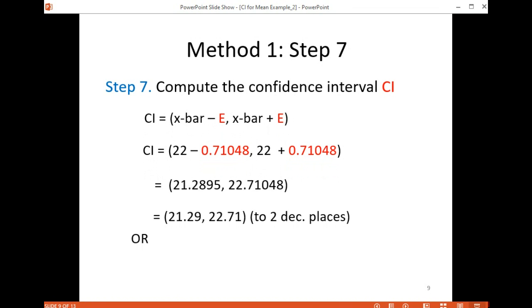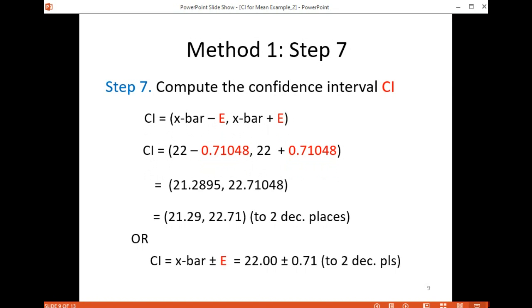Don't forget, sometimes they may ask you to write the confidence interval the other way, which is x bar plus or minus E. So what would that look like with the numbers? It would look like 22 plus or minus 0.71 if you're going to two places of decimal.